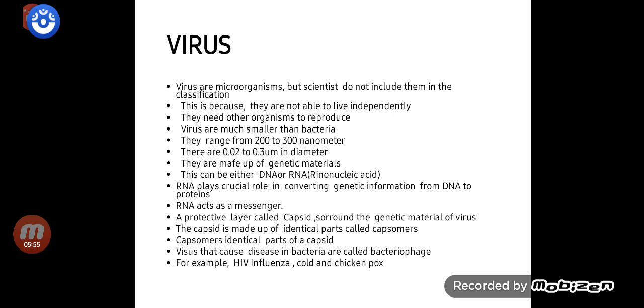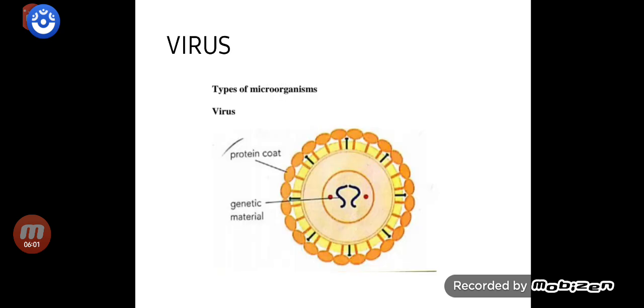Let me show you the structure of a virus so that it can make sense to you. This is the structure of a virus when you view it on a microscope. You can see it contains genetic material inside and a protein coat outside.